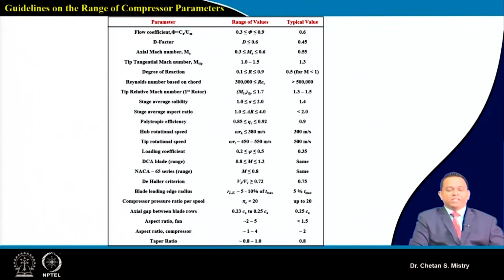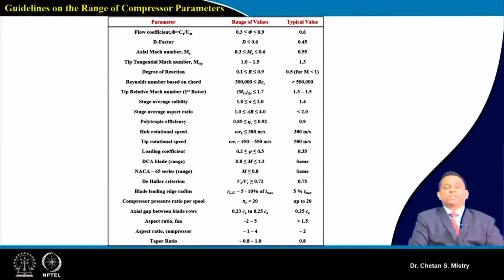Some guidelines and parameters are defined in open literature. They say the flow coefficient needs to be in the range of 0.3 to 0.9, and the preferred value is 0.6. This flow coefficient, as we have discussed earlier, is sometimes defined at the mid section, and sometimes people take it at the tip section, so you need to be careful about that number.